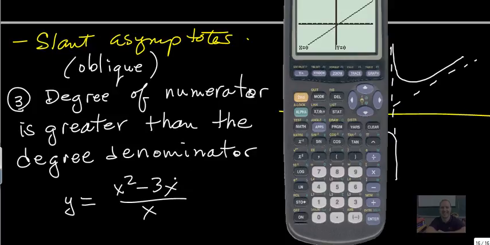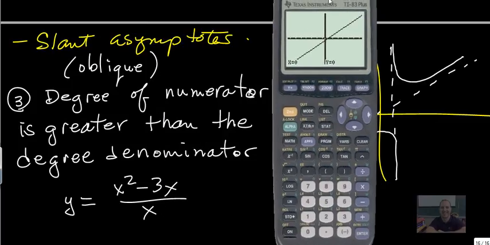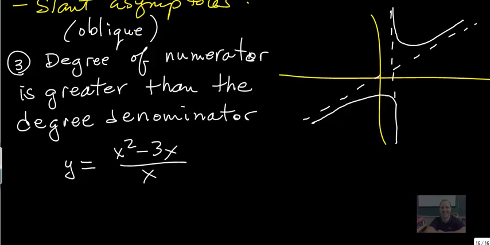Now, I just randomly threw this example up here. Should it look like a line, or should it look like something like this right here? What do you say? Why? Because what? Ah, okay, thank you. Because you can, x minus 3. Look at this.